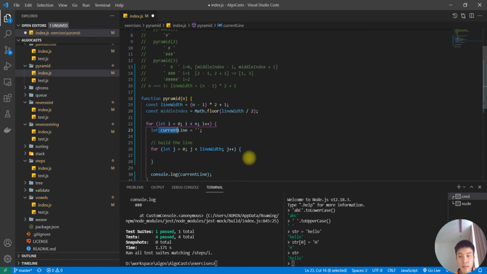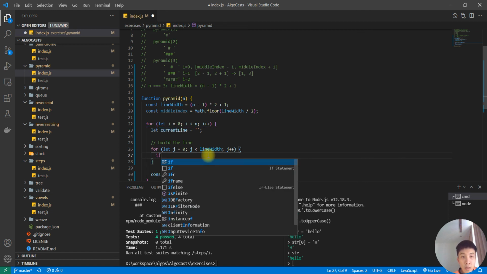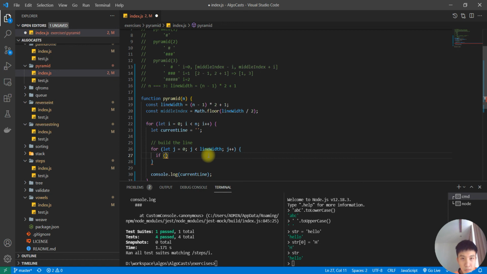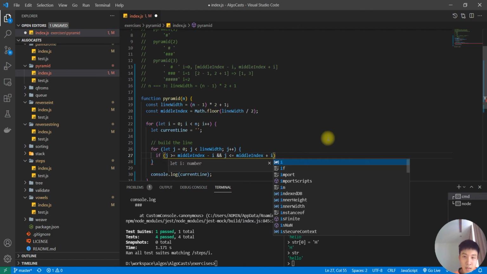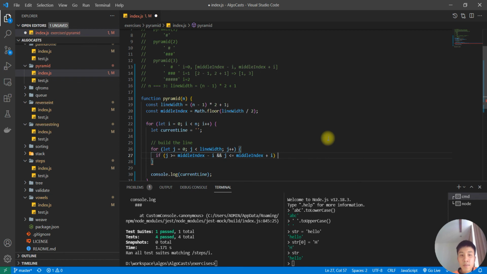Otherwise, we add a space. So if j is greater than or equal to middle index minus i and j is less than or equal to middle index plus i, then current line plus hash character.